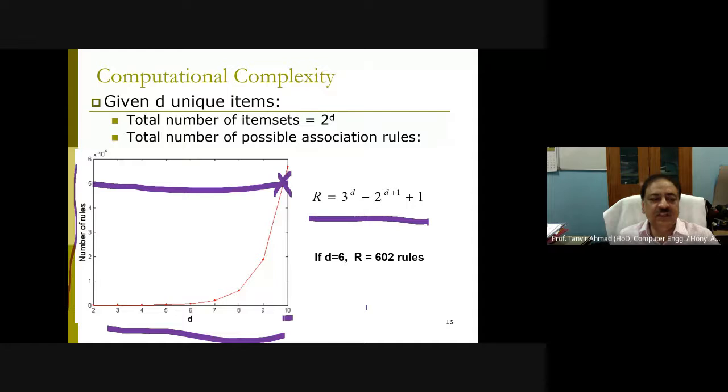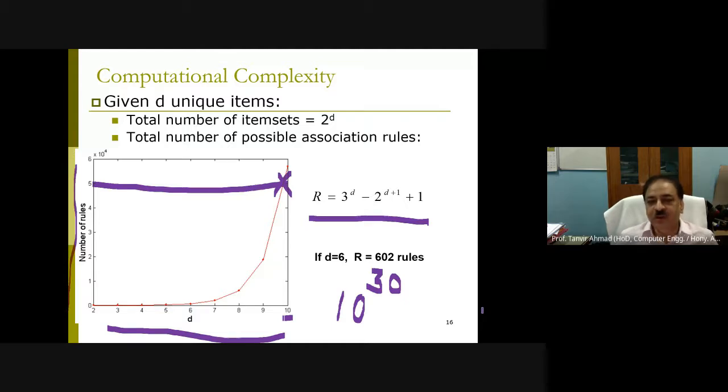And you will be surprised to know, if D becomes 100, the number of rules that we generate will be on the order of 10 to the power of 30. To be precise, it will be around 1.27 multiplied by 10 to the power of 30.